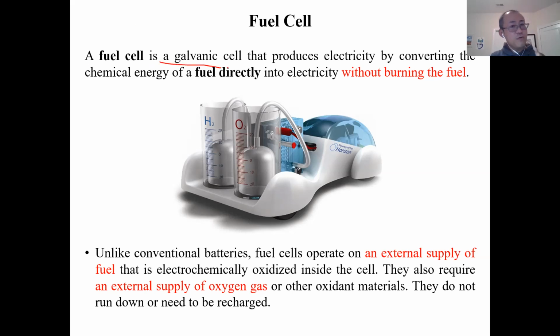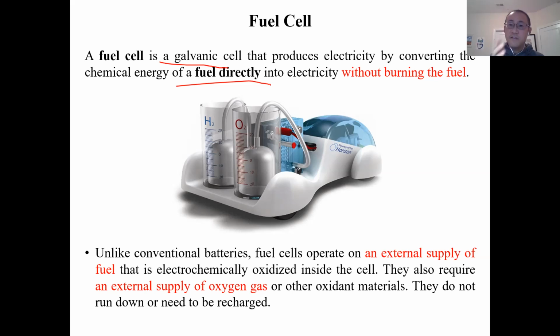A fuel cell is still a galvanic cell, converting chemical energy into electricity, the same concept, but the difference is that in a fuel cell, the fuel is filled into the battery continuously instead of being pre-installed inside it. And of course, because they're called fuel, the reactants are actually fuel you can burn.